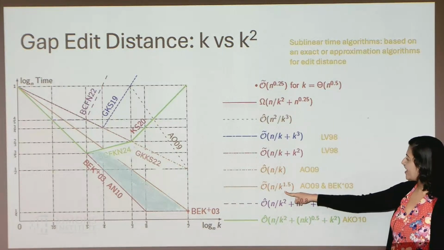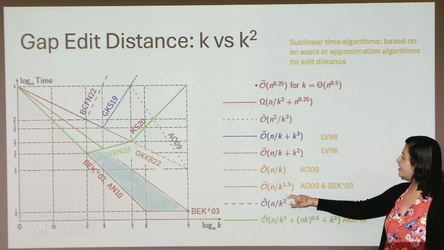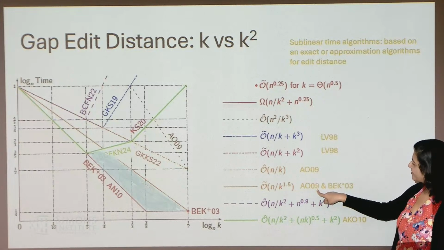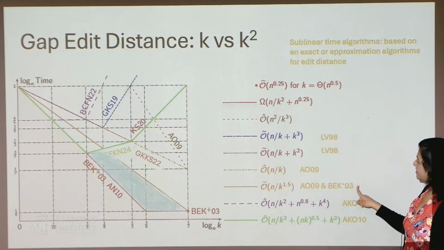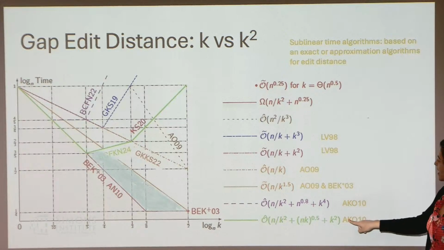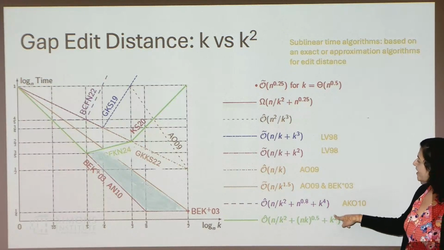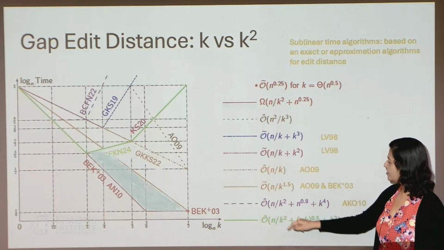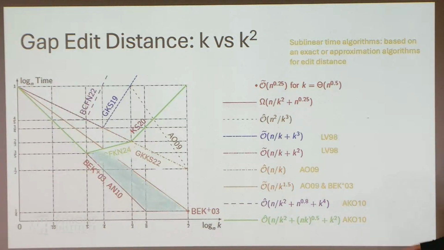And also this improvement, which is optimal for non-adaptive algorithms, the ideas came from the 2009 paper, but also this 2003 paper. And the final two results, which are adaptive and match the Hamming distance bound for small values of k, the ideas came from Andoni, Krauthgamer and Onak's paper from 2010.